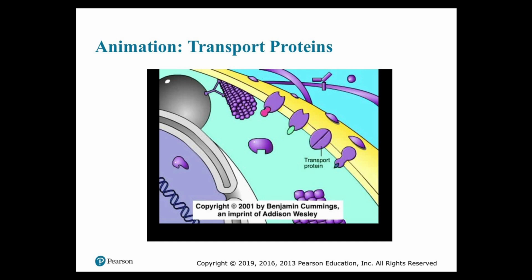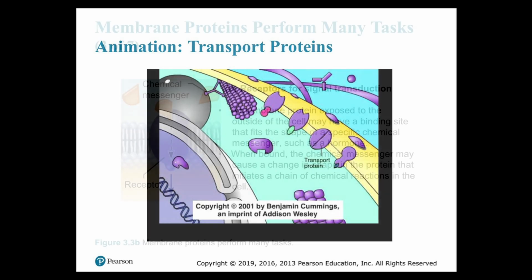So it's an integral protein and will provide a hydrophilic channel across the membrane that is selective for a particular solute. On the right, there are some transport proteins that will hydrolyze ATP and use it as an energy source to actively pump substances across the membrane.